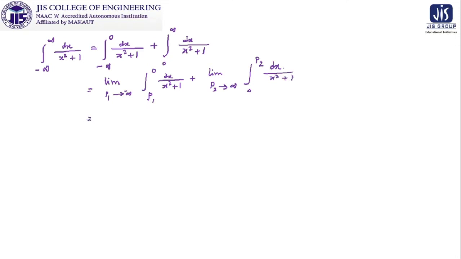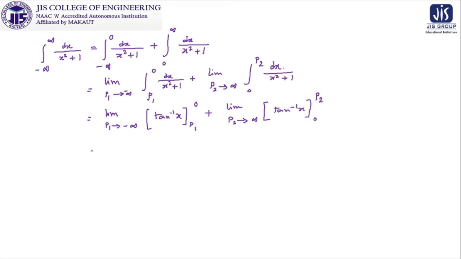Now in the next line we can write the limit as p1 tends to minus infinity. This is a very simple integration. We can write it as tan inverse x from p1 to 0, plus, in the similar manner, the limit as p2 tends to infinity of tan inverse x from 0 to p2.